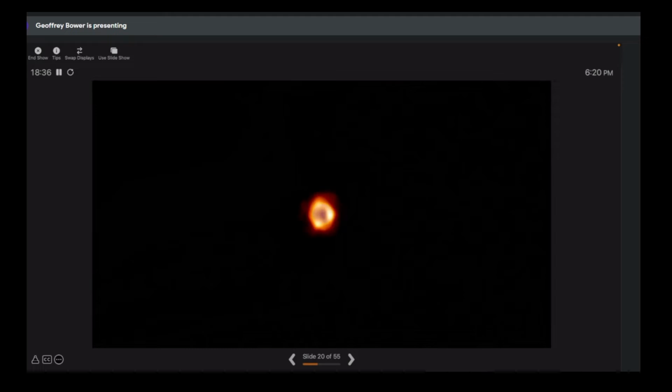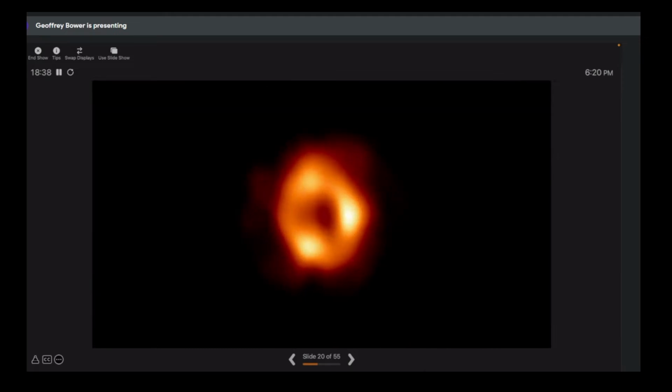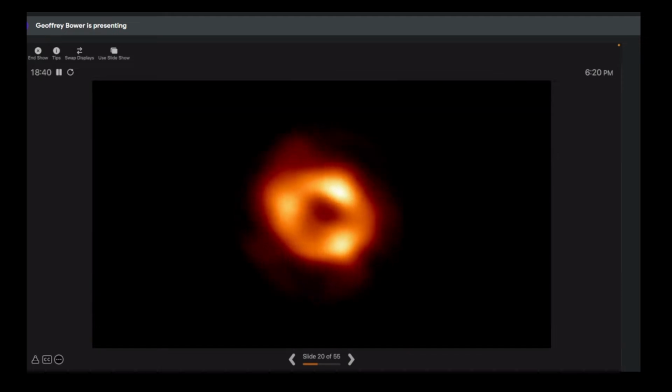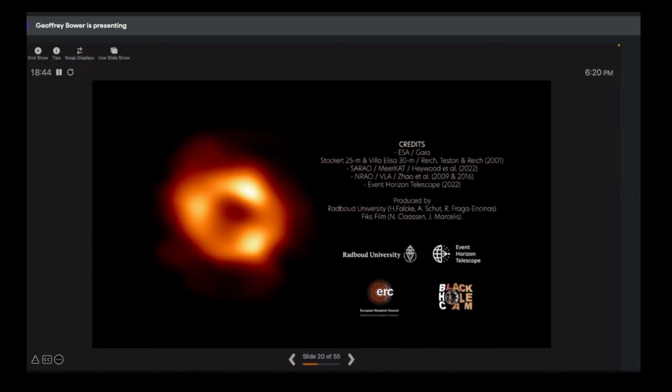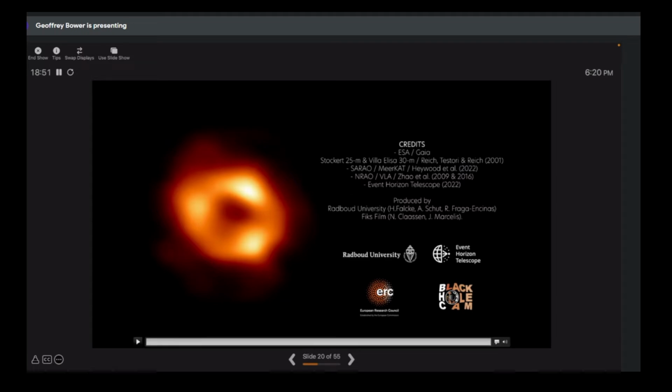And that should give you a sense of how weak a black hole Sagittarius A star is, right?